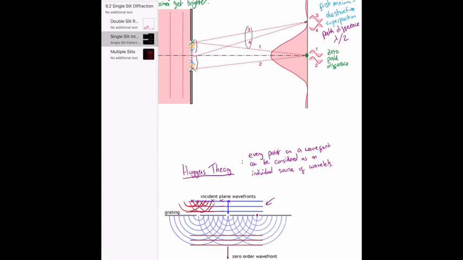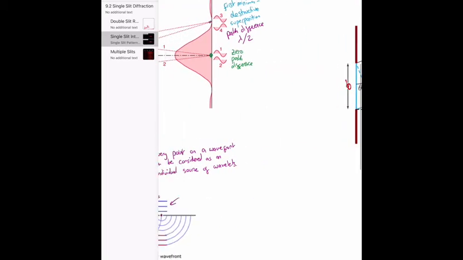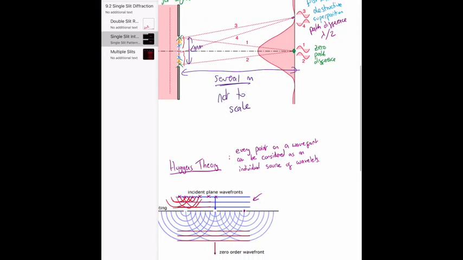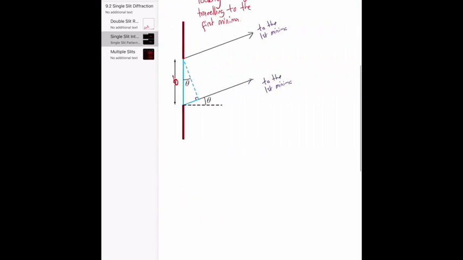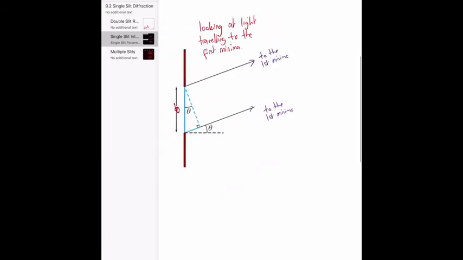If I look at lines 3 and 4 here, we can see they're clearly not parallel, whereas these lines do appear to be parallel. Well, really, the only reason for that is because this drawing is not to scale. Clearly, the distance I'm talking about could be several meters, whereas my slit width is only going to be on the order of fractions of a millimetre. So, clearly that value there is much, much bigger than the width of the slit. So if we consider that, then these two lines can basically be considered parallel.